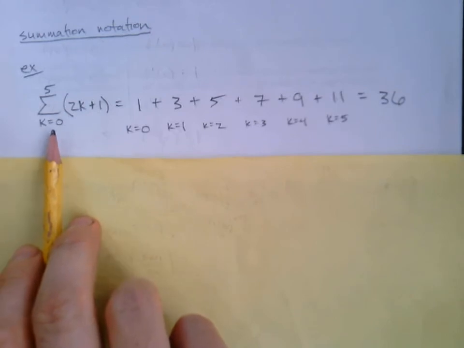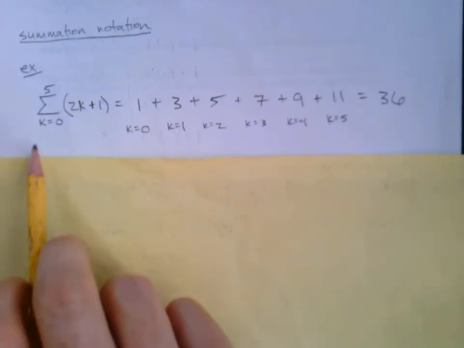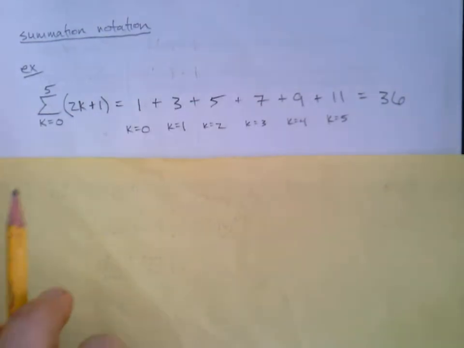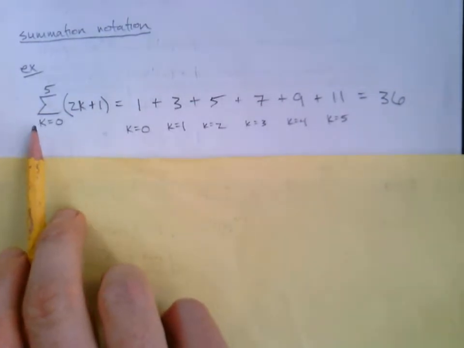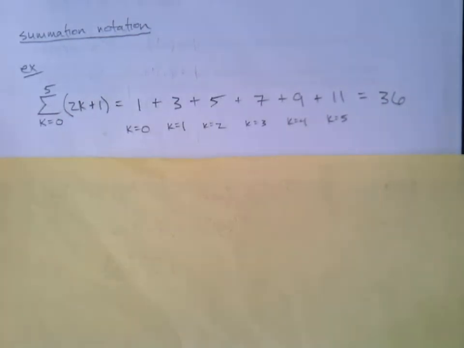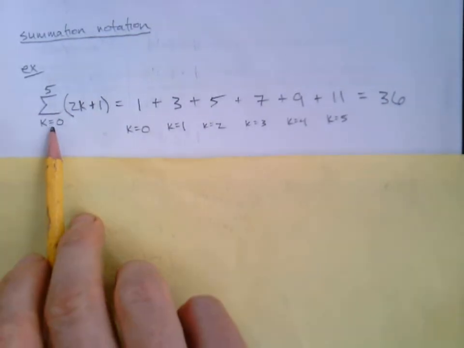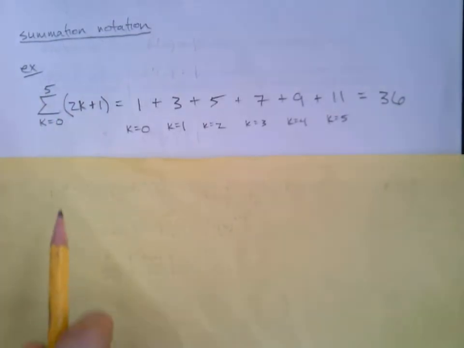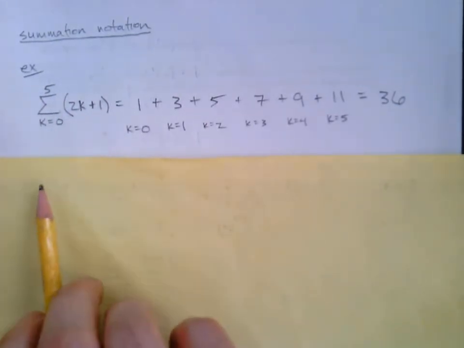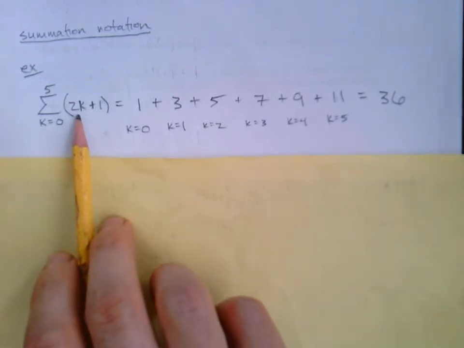We're going to go with k. Sometimes you see other variables there like i or n. But let's say k equals 0, so that tells us where to begin, and the number on top tells us where to stop. So begin at 0, stop at 5, and then they're telling you the expression that you're going to plug those numbers into. So maybe, for example, 2k plus 1.